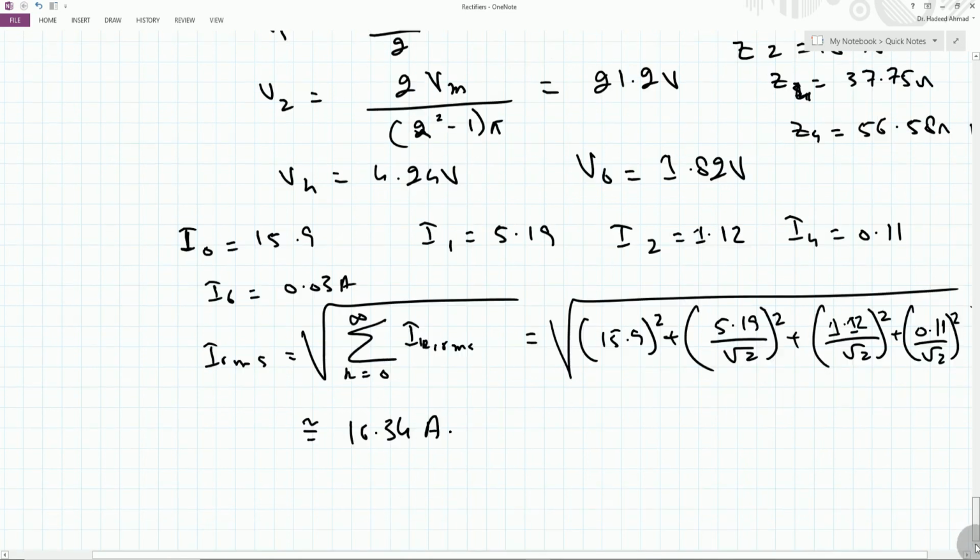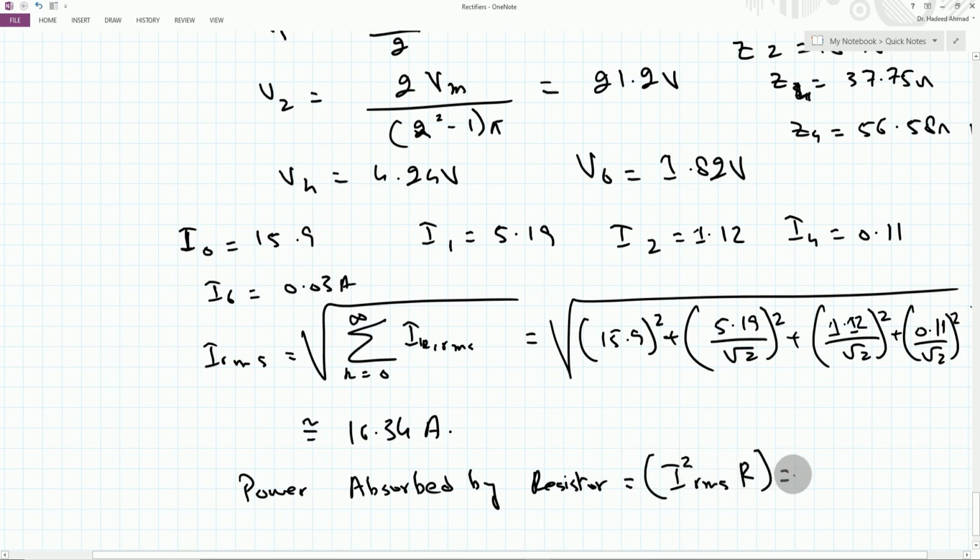So based on this, the power absorbed by the resistor is equal to I square RMS into R, and that is equal to 534 watt.